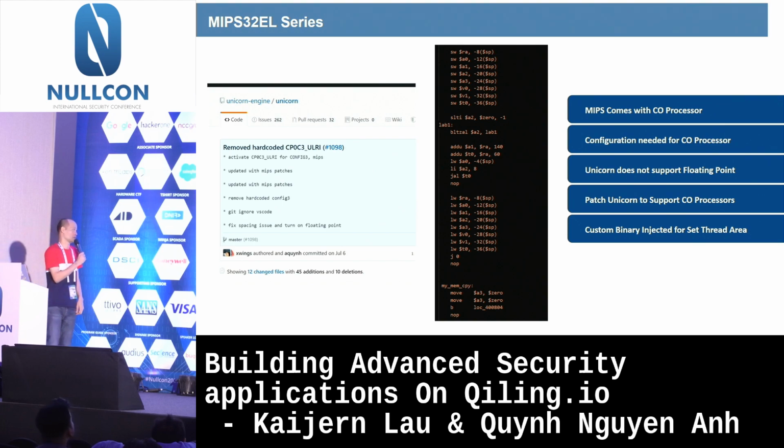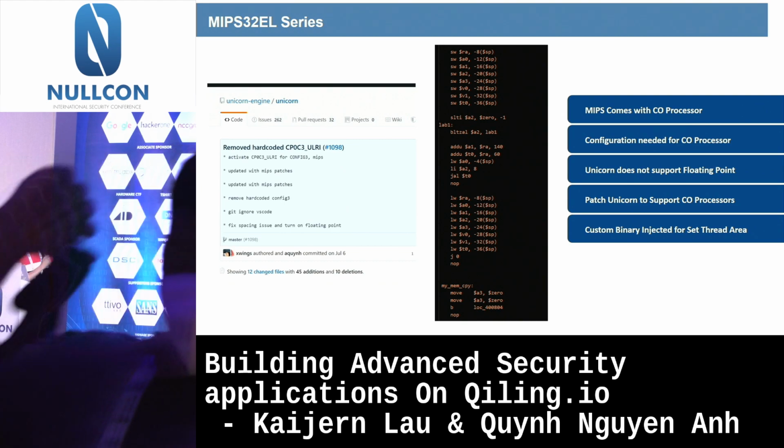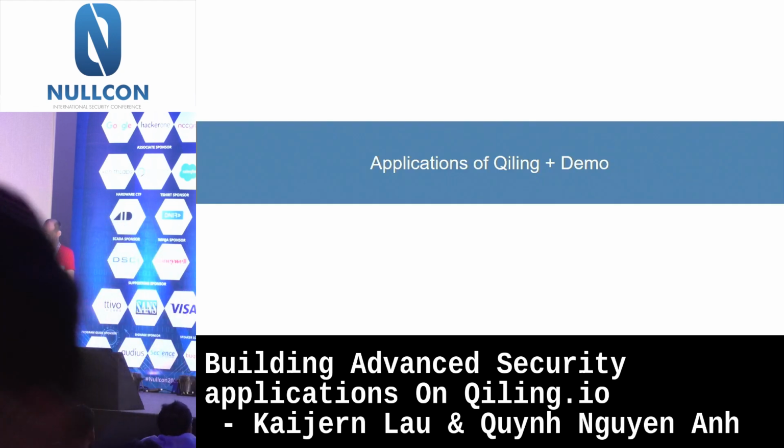Same for MIPS. When we implemented Qiling for MIPS, we found that MIPS needs a coprocessor, and without the coprocessor you cannot run the program. So for this, we actually had to patch QEMU, so that QEMU can support the coprocessor for Qiling to work.